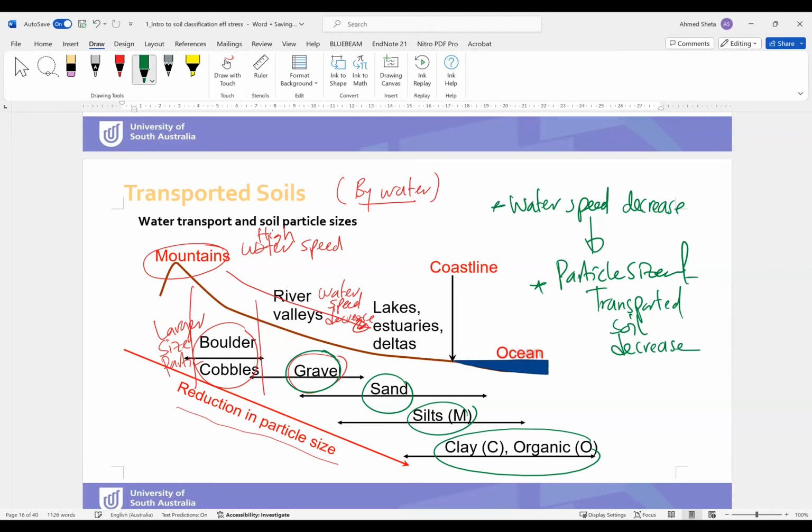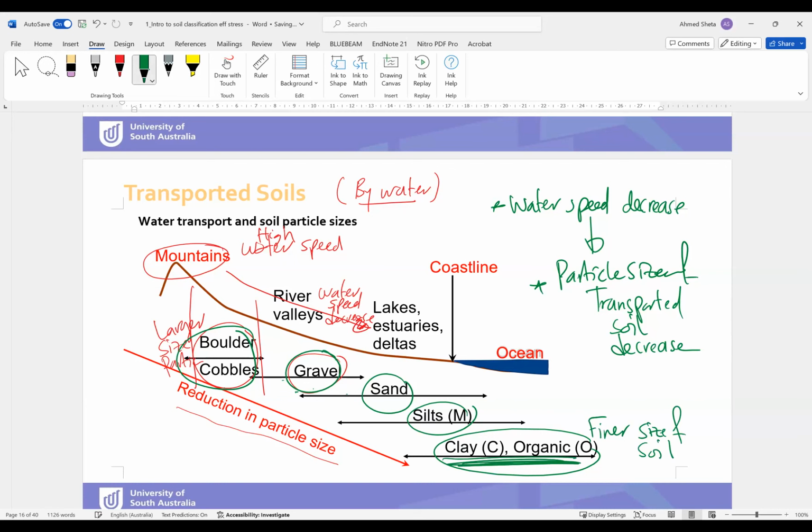When we are close to the mountain, we will have boulder size particles, and then when we go down to the ocean, we have smaller sizes. So the boulder is the largest, gravel less large, sand smaller, silt smaller, and clay is the finest size of soil.